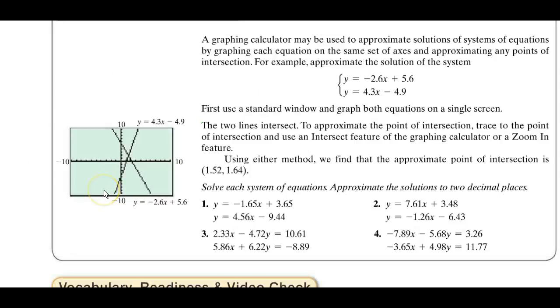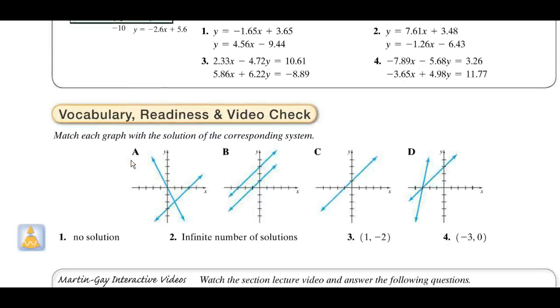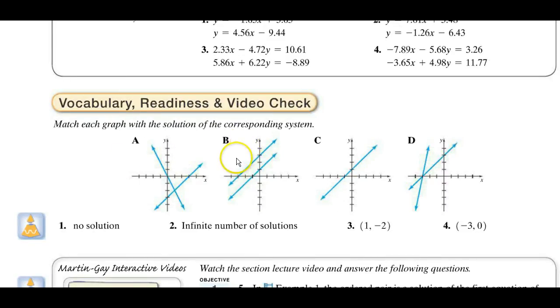And again, if you had a graphing calculator, there are ways to put your data into a graphing calculator and actually get a graph to see if it's going to intersect in one place, whether they're parallel, or whether they're the same line. And there's our vocabulary check, and we're asking to match up these with what we have here.